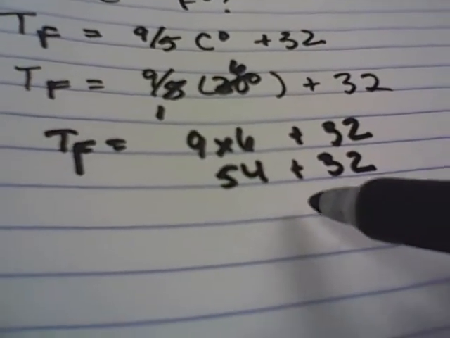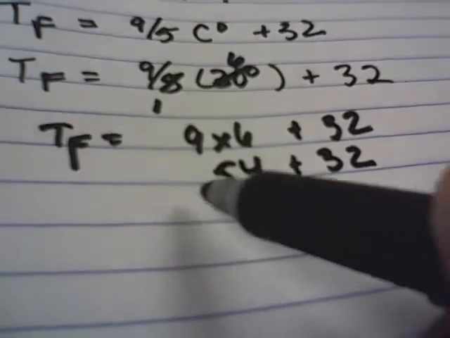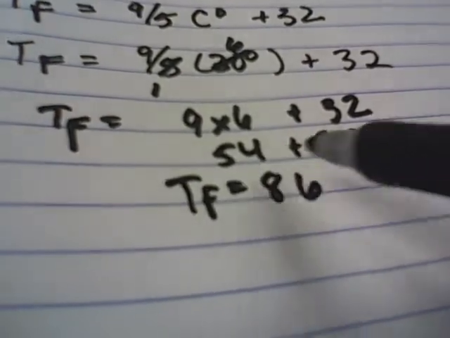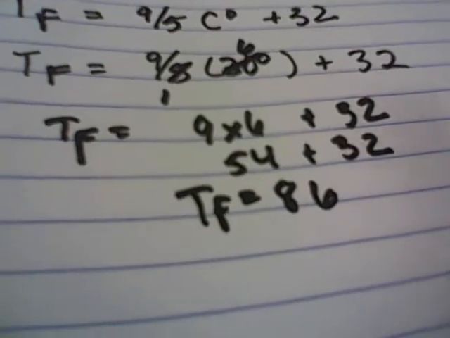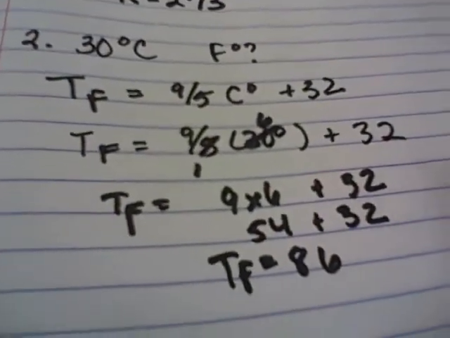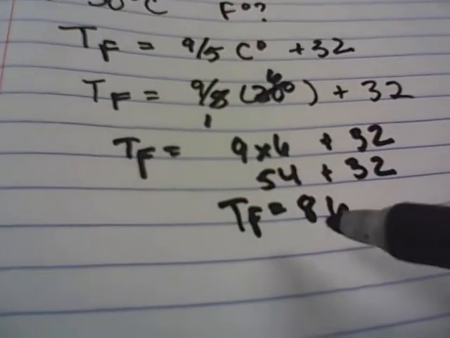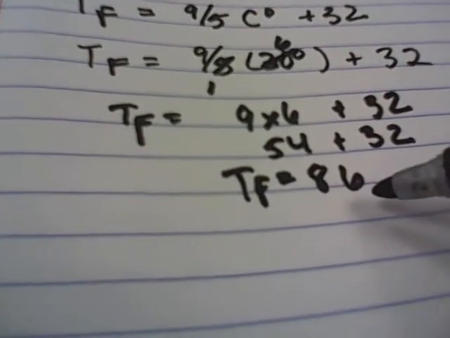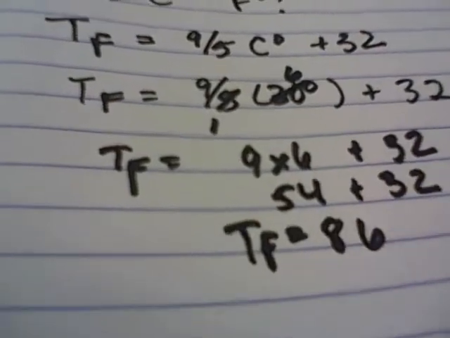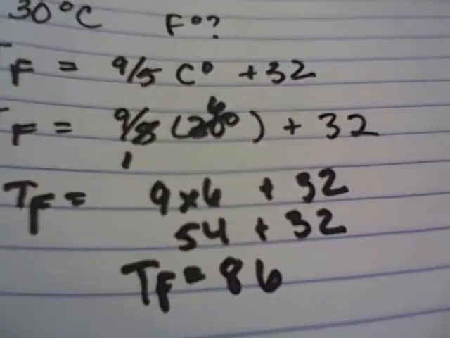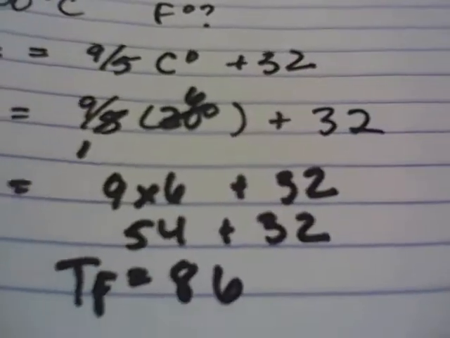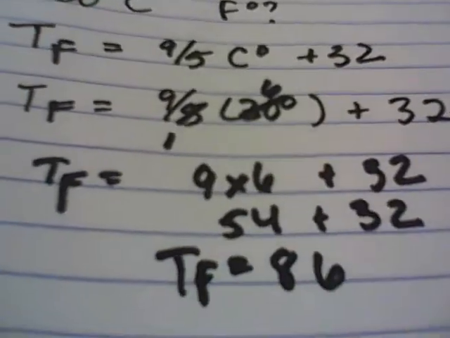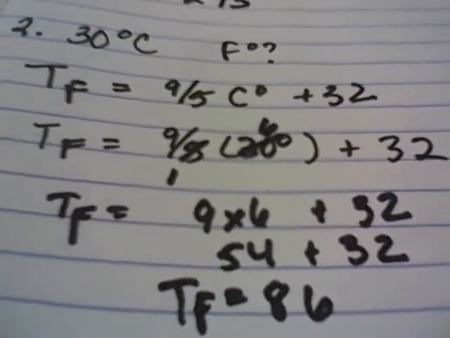So 54 plus 32, meaning that we then end up with 86. All right. Check my math. I didn't have a calculator. I was doing it in my head. So therefore, if we have 30 degrees Celsius, it ends up being 86 degrees Fahrenheit. Okay? So this is how we do a Fahrenheit question if we're given the degrees Celsius.